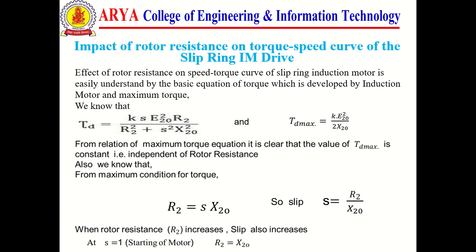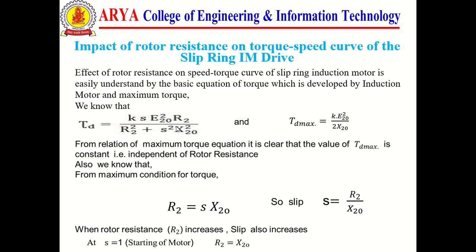For understanding the impact of resistance on speed and torque, it is easily understood from the basic equation of torque developed by the induction motor, and the maximum torque equation.